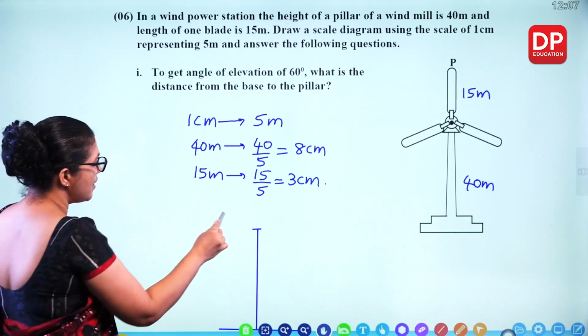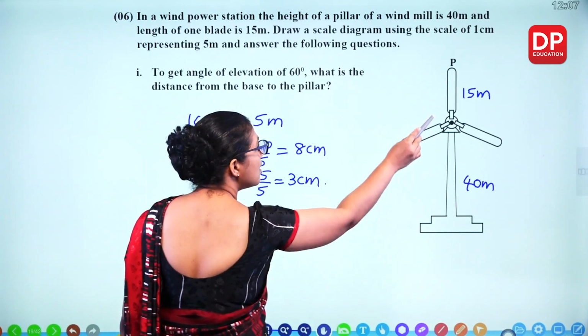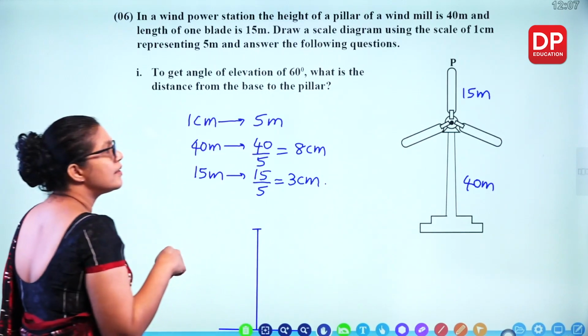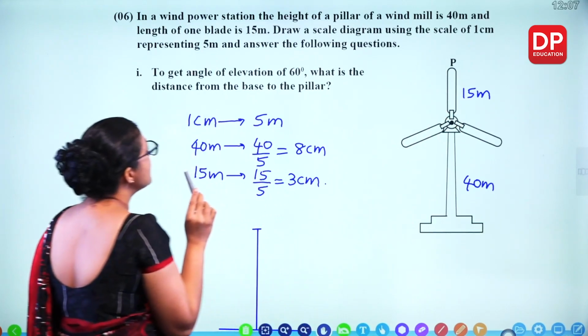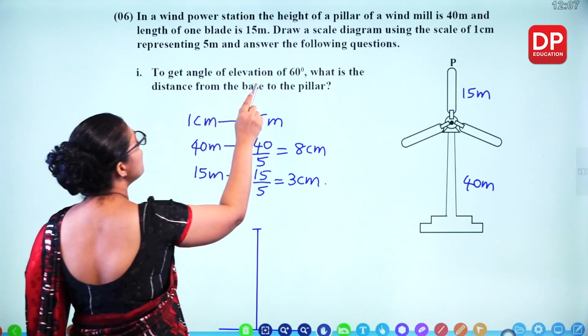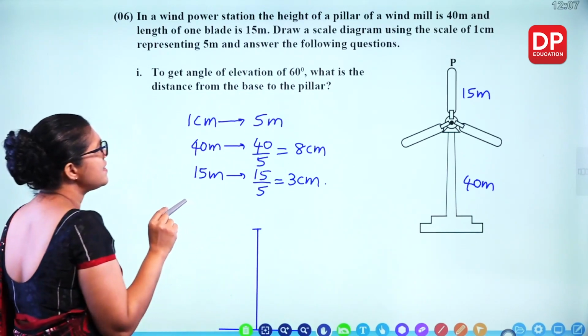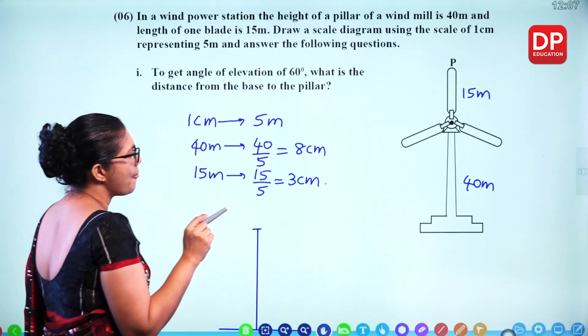So here another 3 meters we have to draw, because one blade is 15 meters, means 3 centimeters. But it says to get angle of elevation of 60 degrees, what is the distance from the base to the pillar?